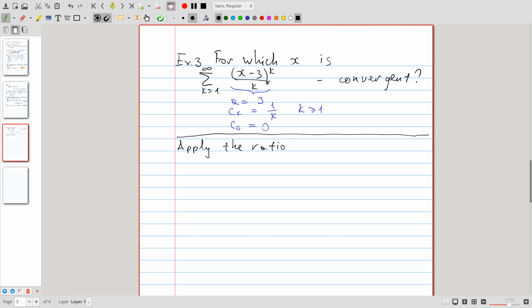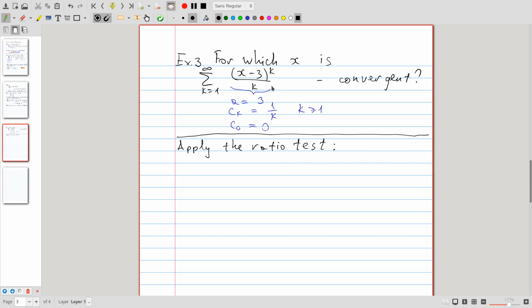If you're given a power series for which you want to determine which x's give you a convergent number series, the first thing to do is to apply the ratio test. So how would we do this? Well, recall that to apply the ratio test, we want to look at the ratio of ak plus 1 over ak.